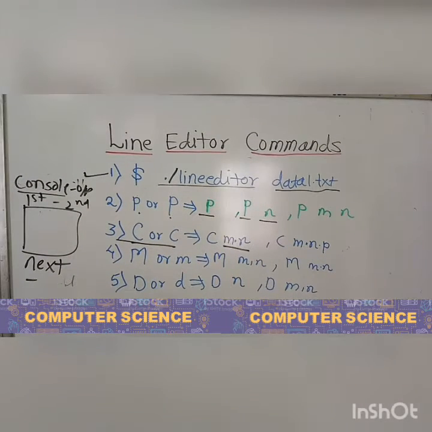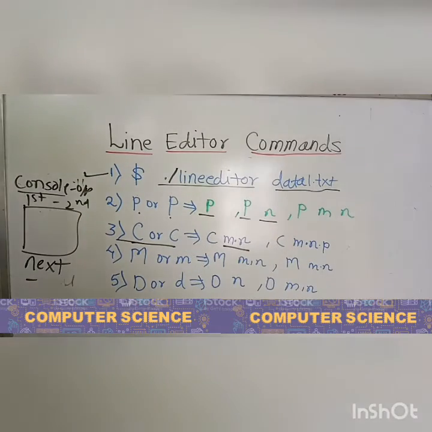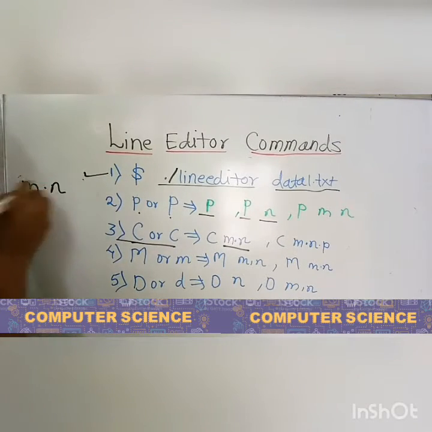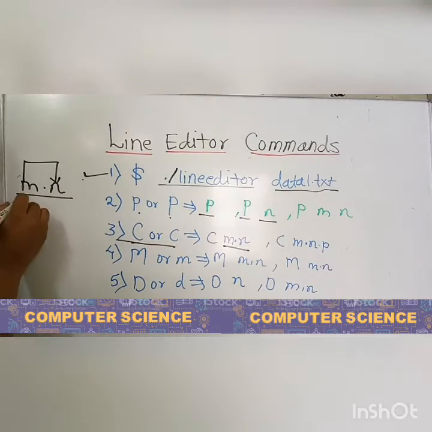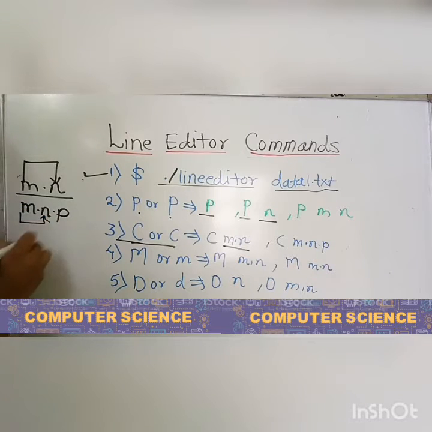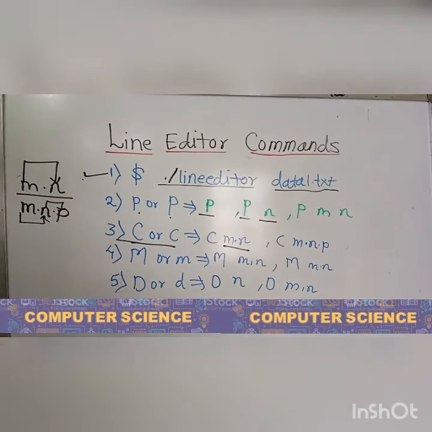Cm.n is the function which copies the mth specific lines to the nth position, and m.n.p copies the lines from m to n and places them at the pth position. This is the copy command.